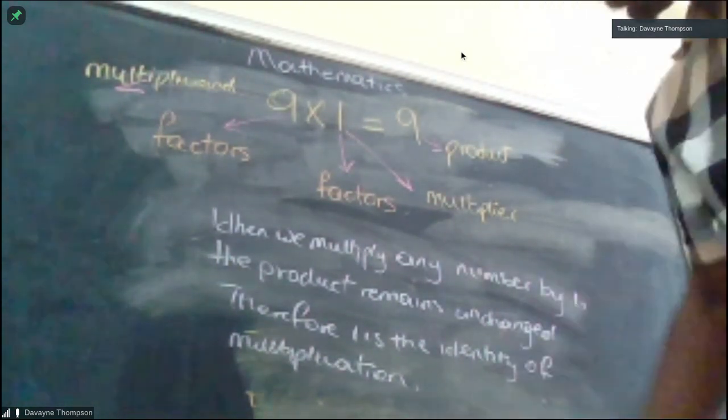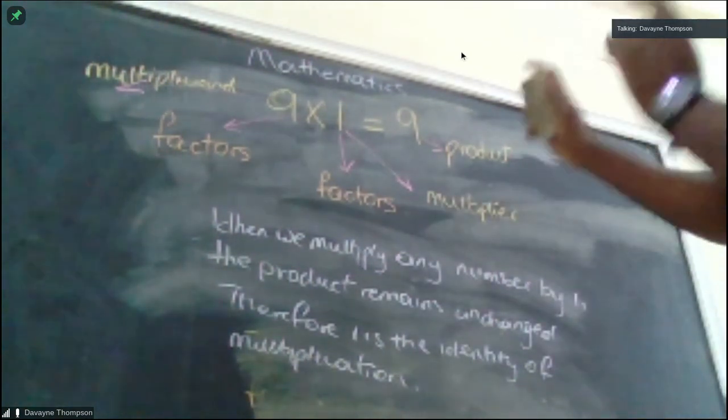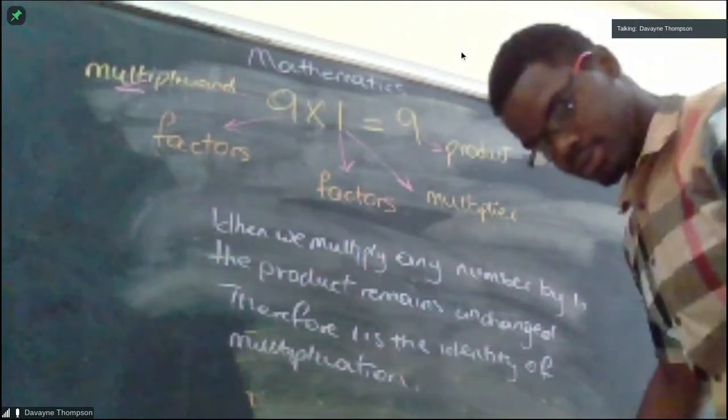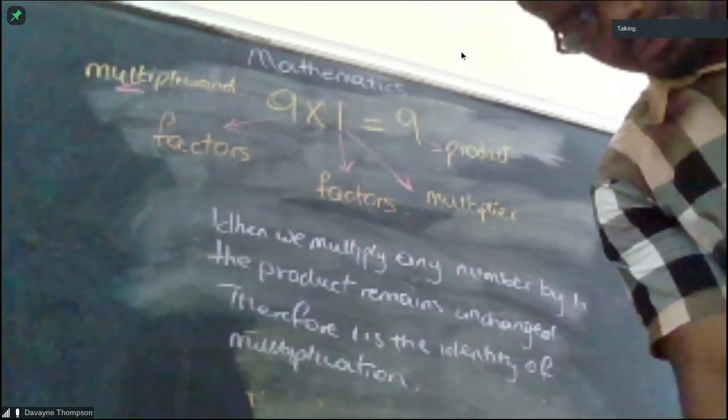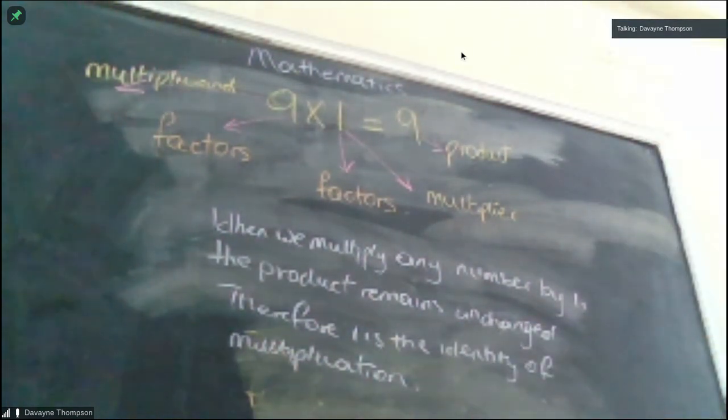And I want one person to explain why there is no identity for subtraction. Let me take a picture of it and put it in the group before I forget. Why is there no identity for subtraction? Anybody?